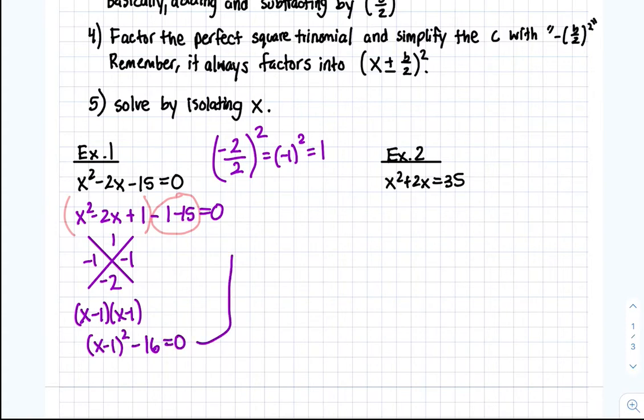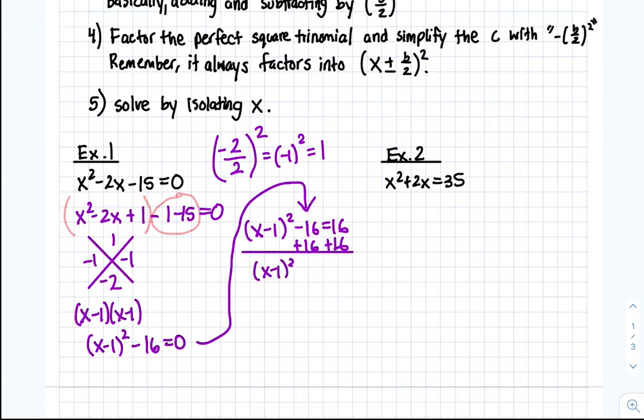Okay? Now, it says just solve by isolating x. So when we solve by isolating x, I'm going to add 16 to both sides, because we're isolating x now. Oopsies, that should say 0.